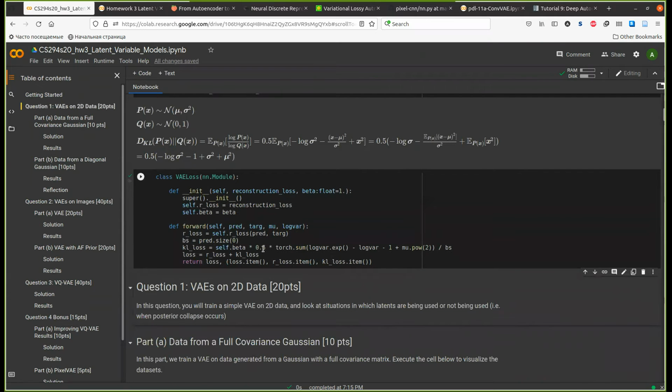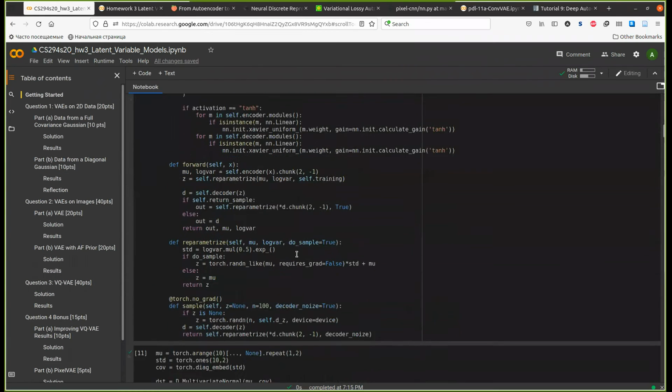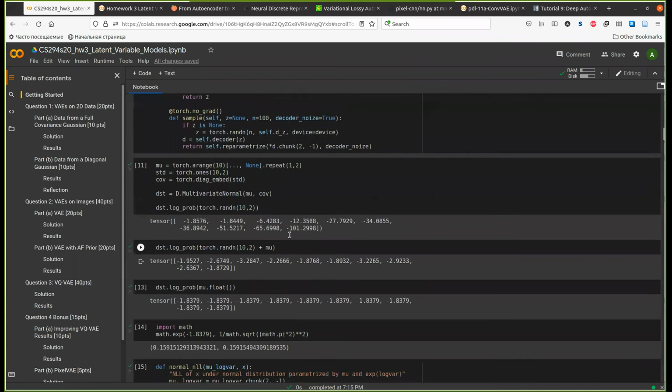Here you can see that when you derive it, you have this 0.5 in the loss, and I forgot to put it in the actual implementation. Here I had this beta, had this division by the batch size, but no 0.5, and I had to put the 0.5.